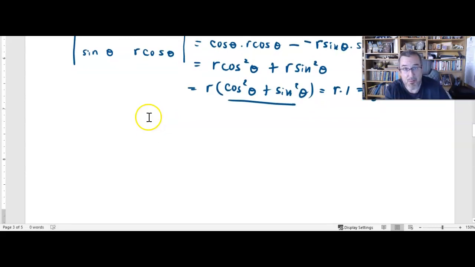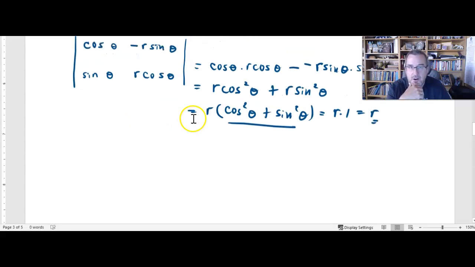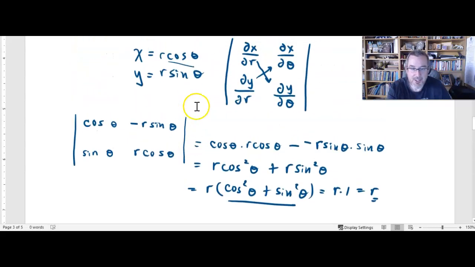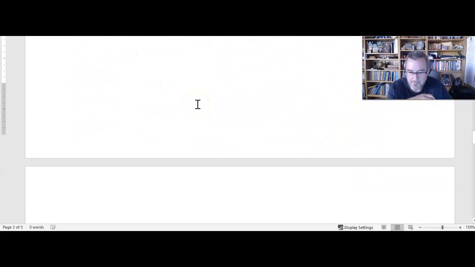Now there's also the geometric proof. Back in that module with polar coordinates, you saw more of a geometric definition or explanation for where the r dr d theta comes from. But here's a Jacobian explanation.